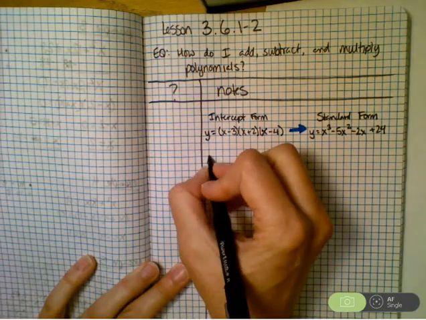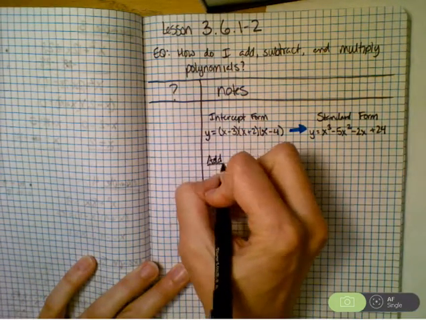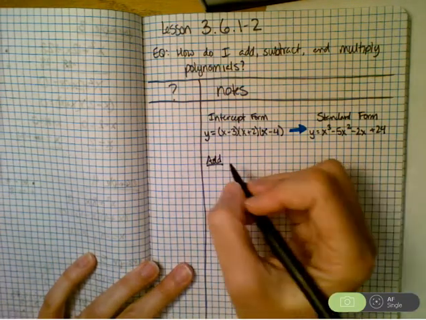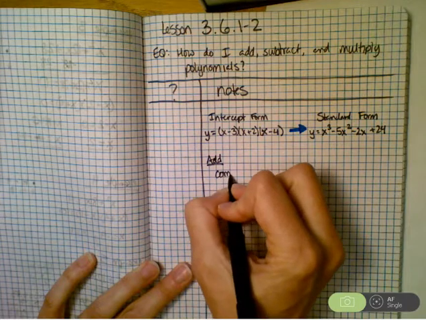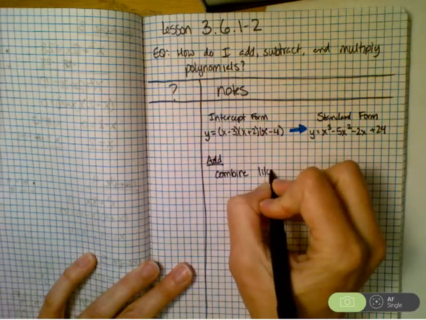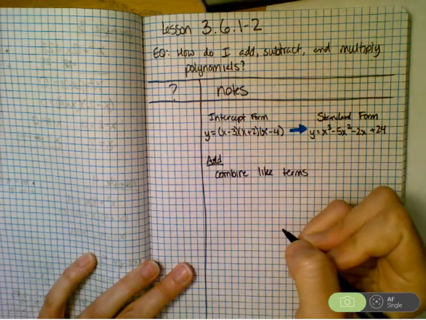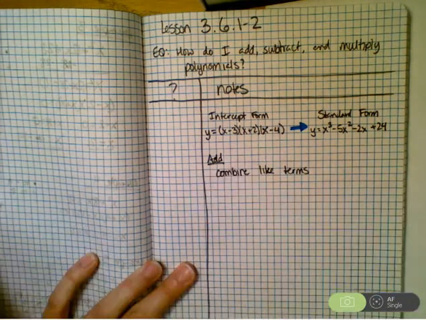So to add polynomials, and this should be kind of familiar from Algebra 1, when we add, we combine like terms. So what we just have to do is remember to find like terms and then put them together.